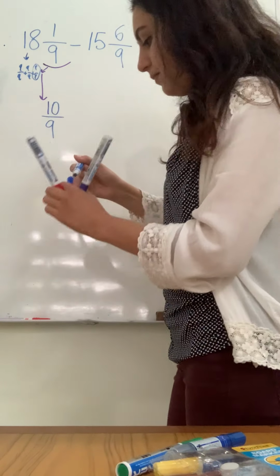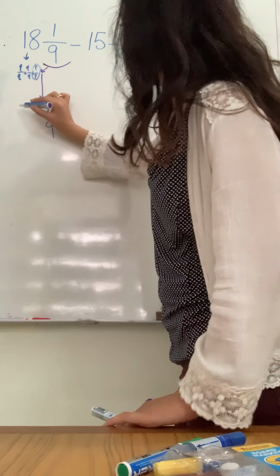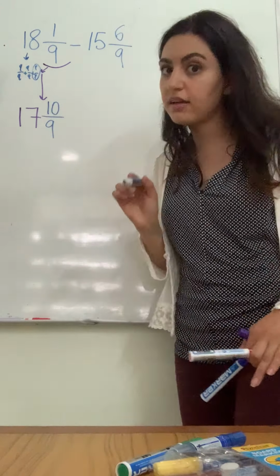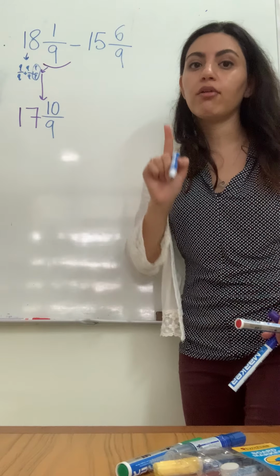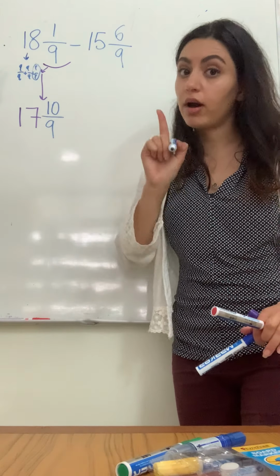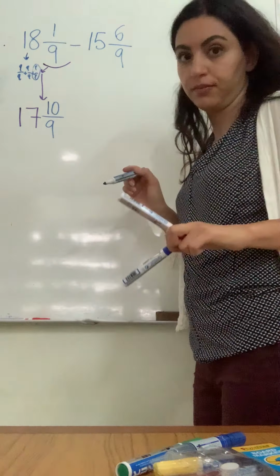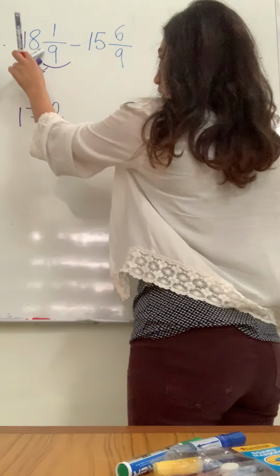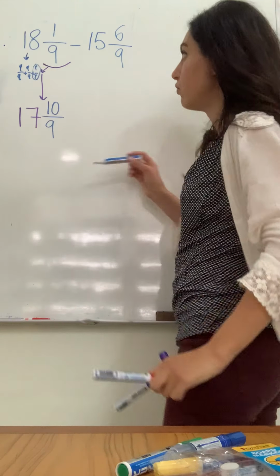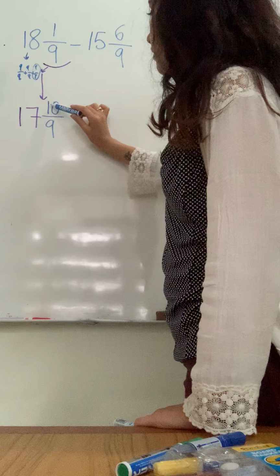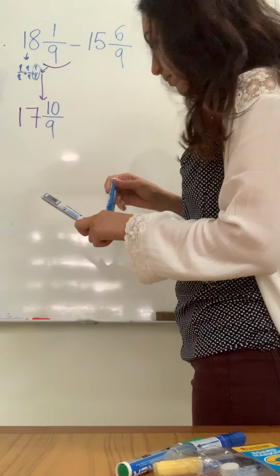Gives me 17. Okay, why 17? Because I gave one of them, I gave one 9/9 to 1/9. So I opened the 18, I gave 1 to 1/9, it becomes 17, 10/9.